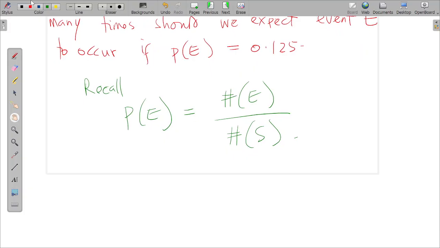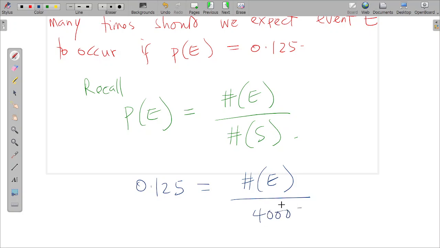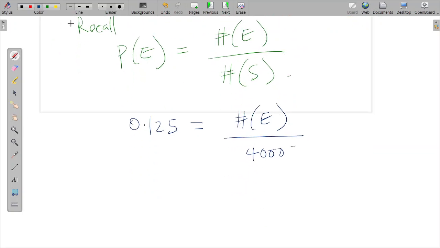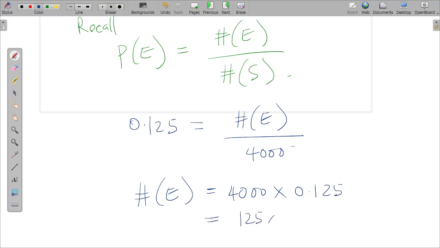So 0.125 equals the number of E, which is what we don't know, over 4,000. The number of E is 4,000 multiplied by 0.125, which is 125 multiplied by 4, giving 500.